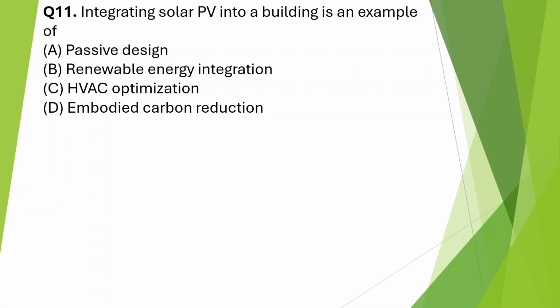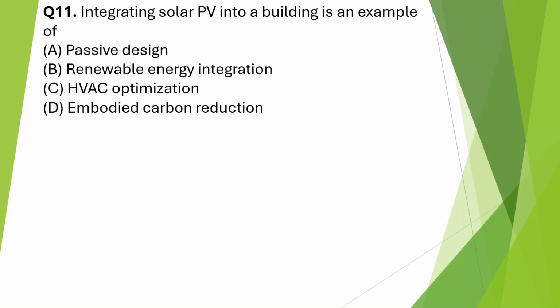renewable energy integration, not embodied carbon reduction mainly, because this integration of solar PV doesn't come under embodied. Embodied means, as I have explained in previous problems also, that building material extraction, transportation, or construction come under embodied carbon emissions, and that part you can reduce with locally available material or low carbon intensive material construction.